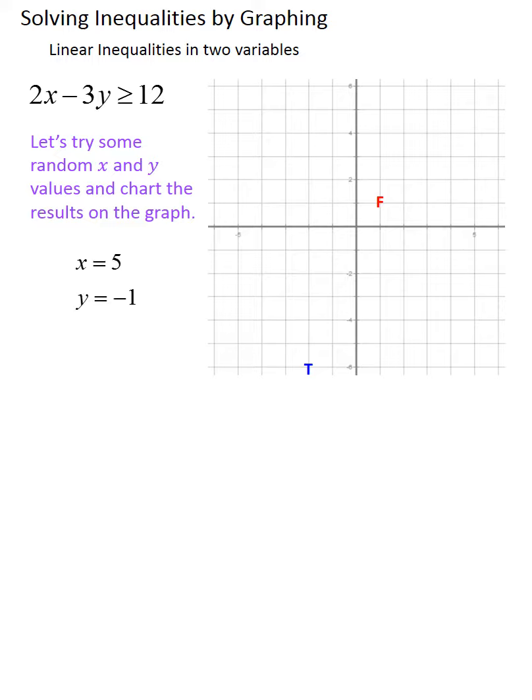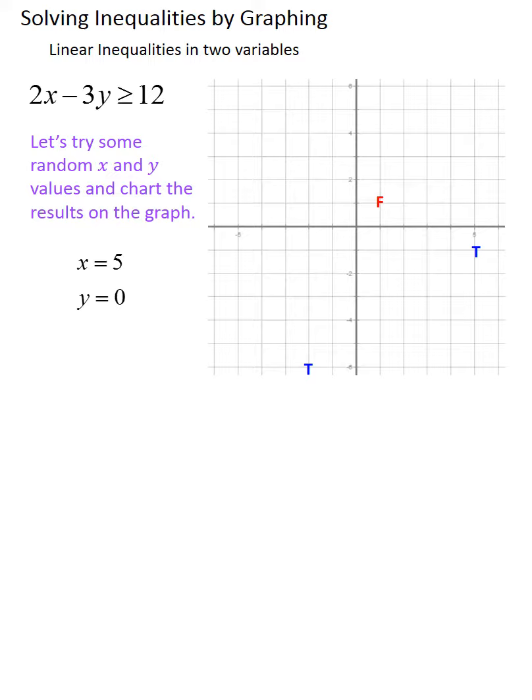How about the point 5, -1? Just a randomly chosen pair of numbers. When I substitute them into the inequality and do the math, I get a true statement. 13 greater than or equal to 12 is true. So 5, -1 is a solution to this inequality. I'll put a true at 5, -1 to indicate that.